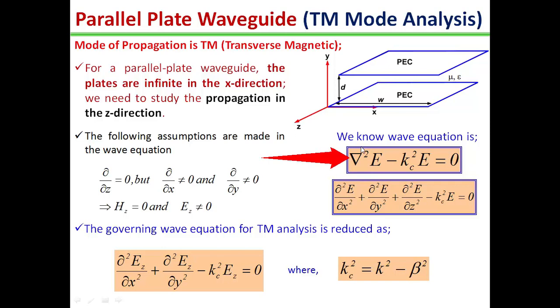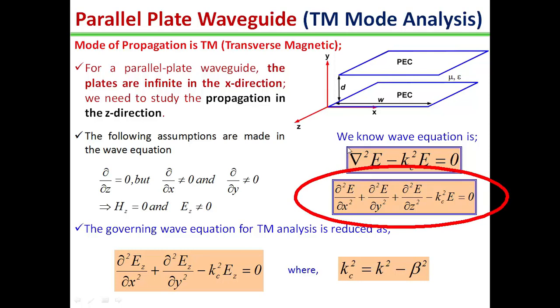The wave equation can be written as del square E minus Kc square E equal to 0, where del square is the Laplacian operator. After expanding the Laplacian operator in the Cartesian coordinate system, we can write del square E by del x square plus del square E by del y square plus del square E by del z square minus Kc square E equal to 0.